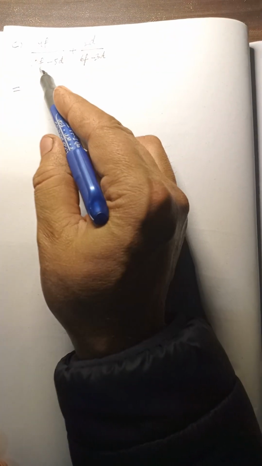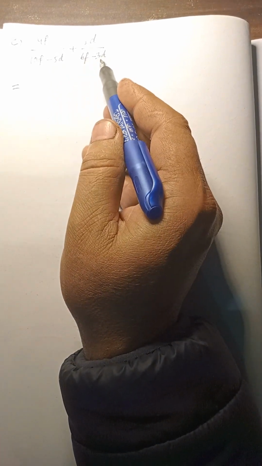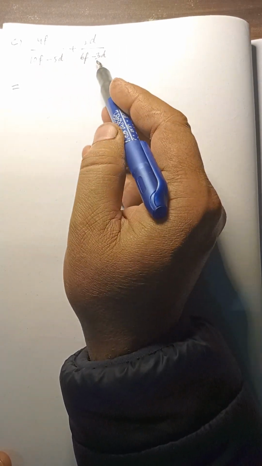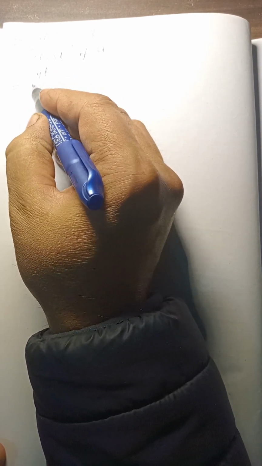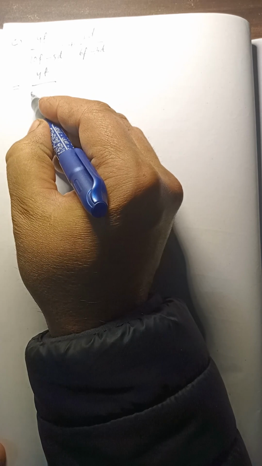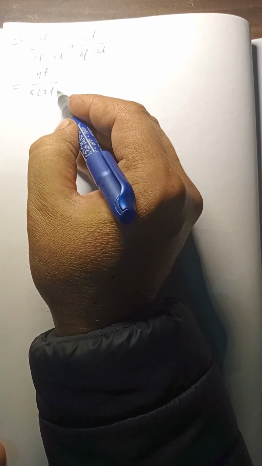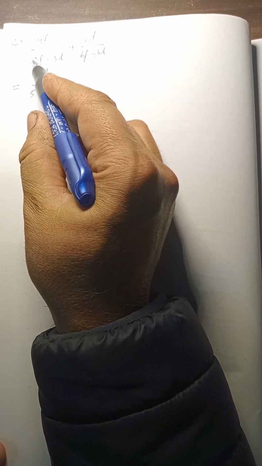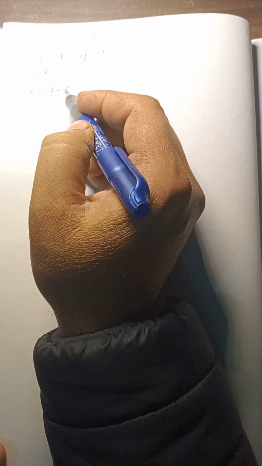See here, 10f minus 5d and 6f minus 3d. We can simplify this denominator as well as this denominator. Let us try it. 4f over, we can take 5 as common, so 2f minus d, because when we take 5 as common, 10 divided by 5 is 2, and 5d divided by 5 is 1d.